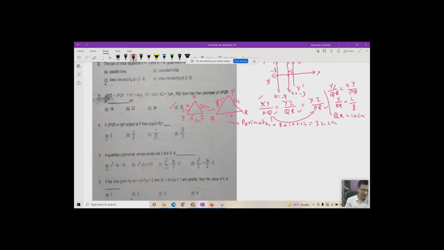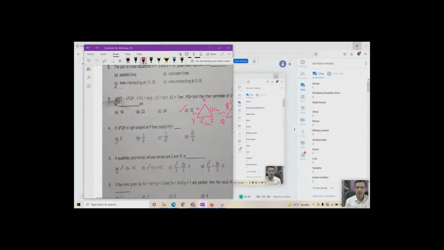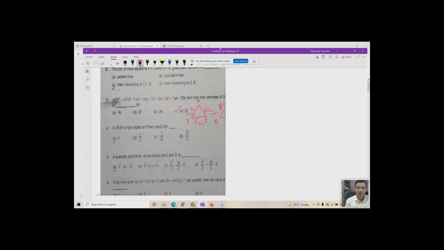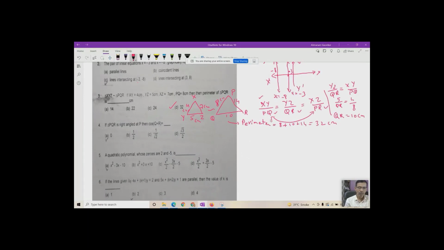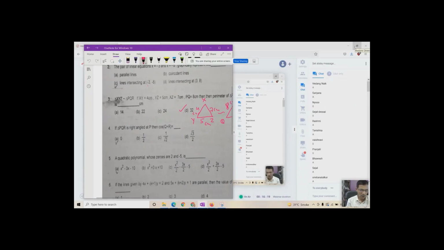Please type your answer in the comment box. Yes, it is A. The answer is A or 0.